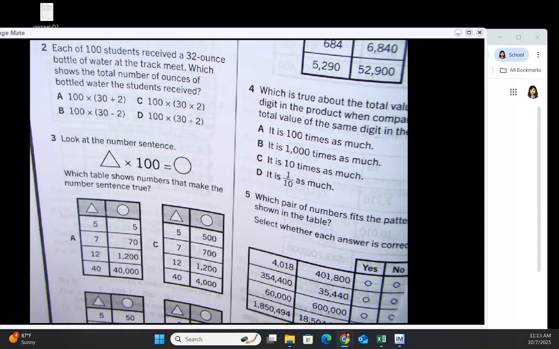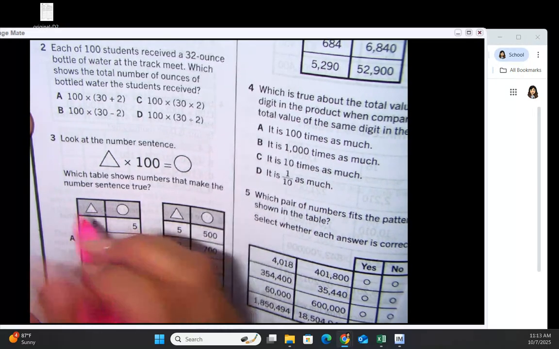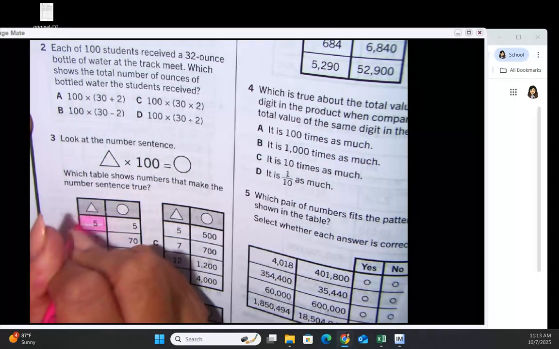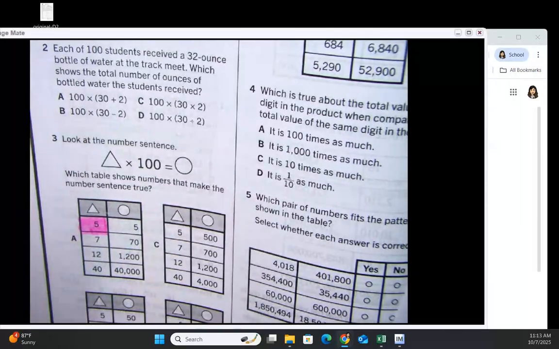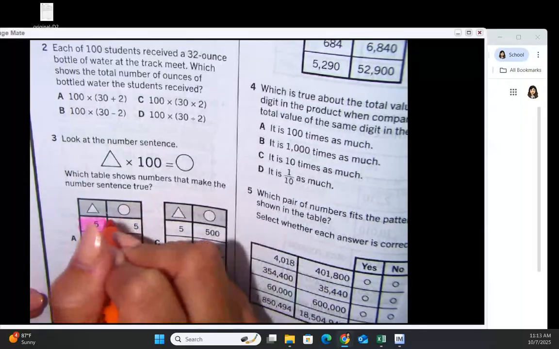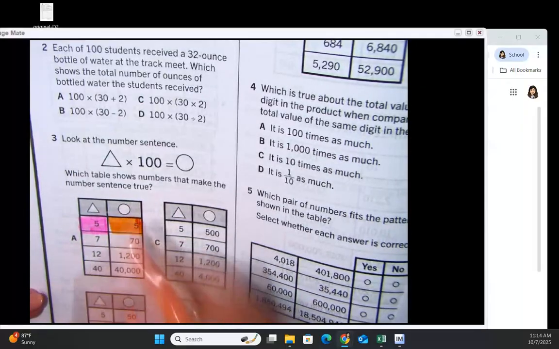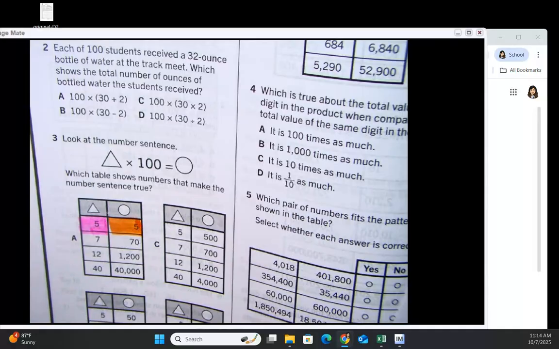So this means that in this first choice, this is my triangle times 100 equals my circle. So I need to prove which of these are true.